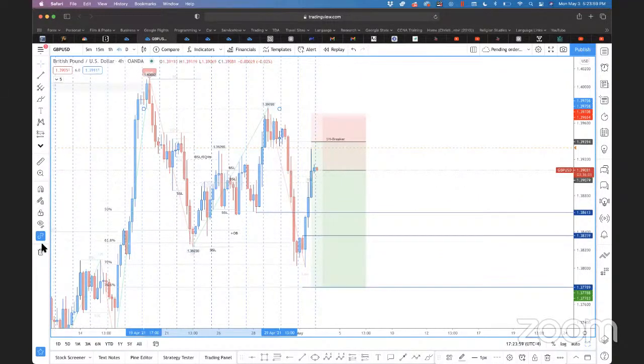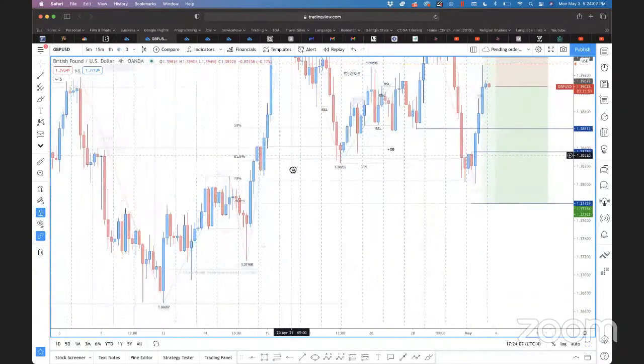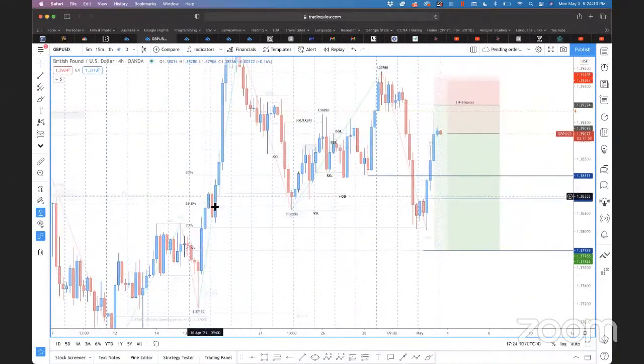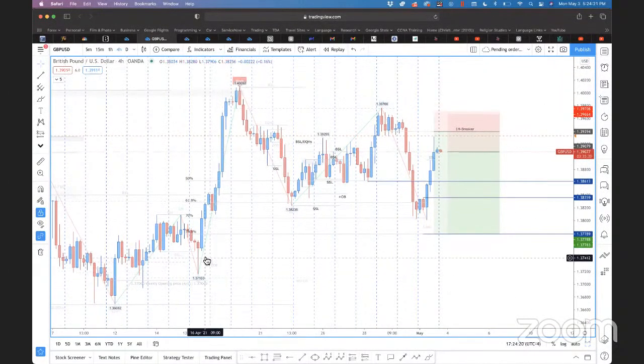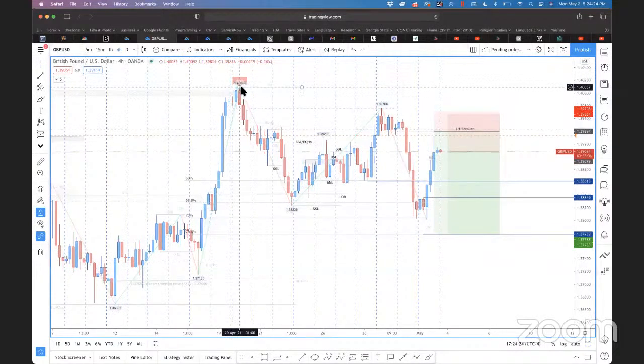And let me lock this because I don't want to move this. Also, another thing you'll notice about order blocks is they're usually at key fib levels too. This particular order block that was entered right here is the 618 from this low to this high.